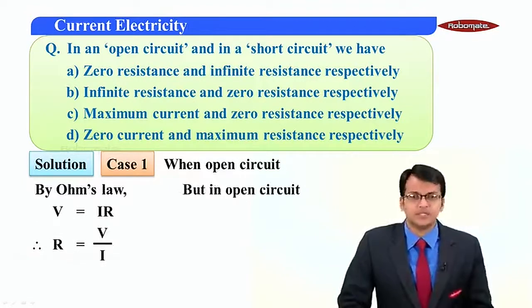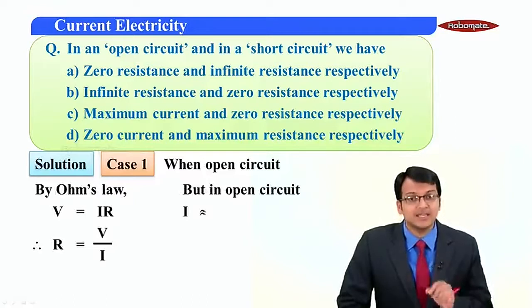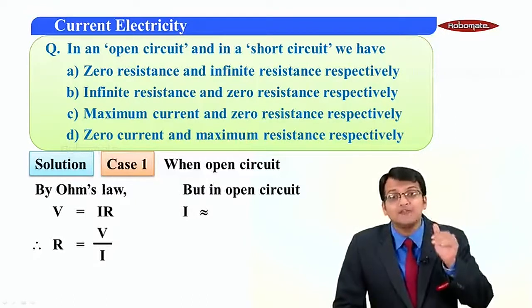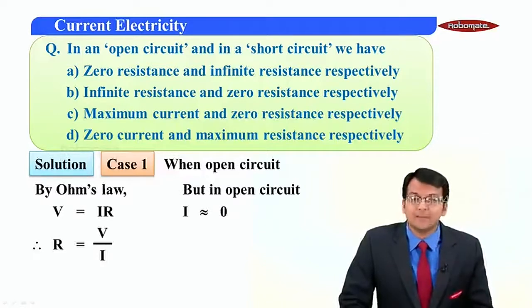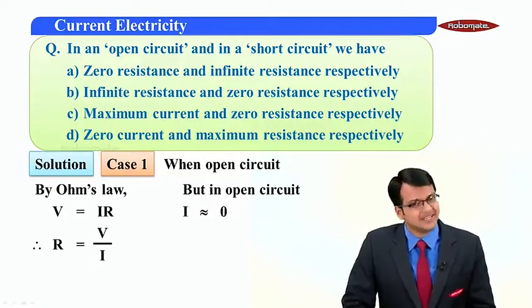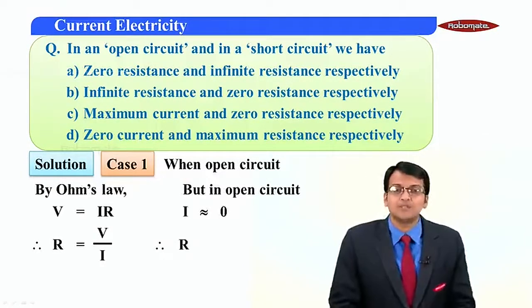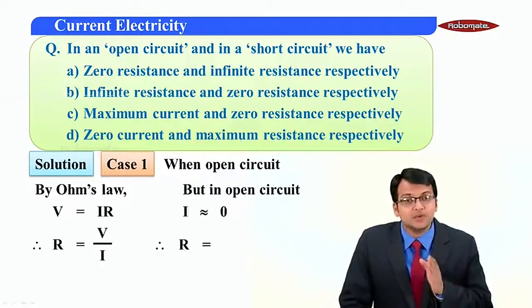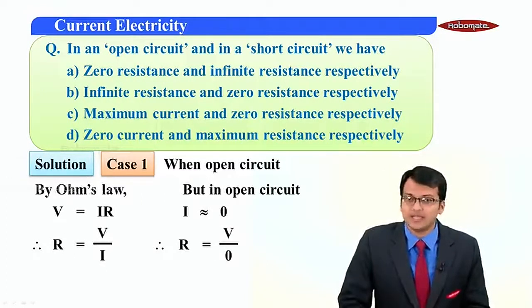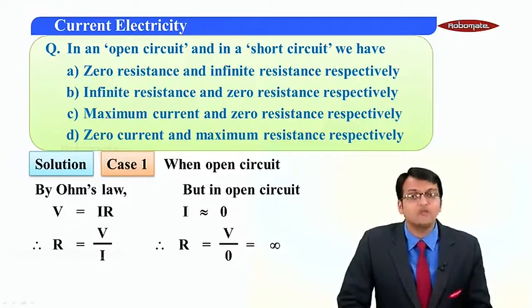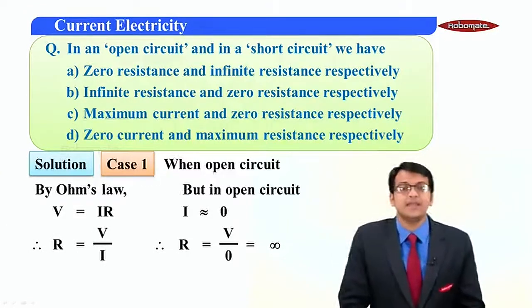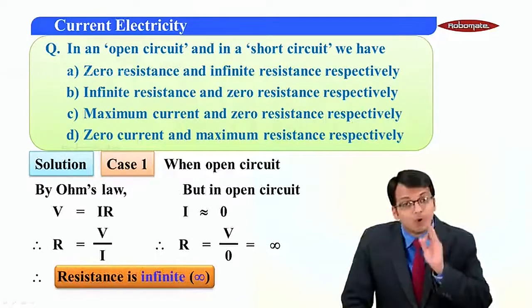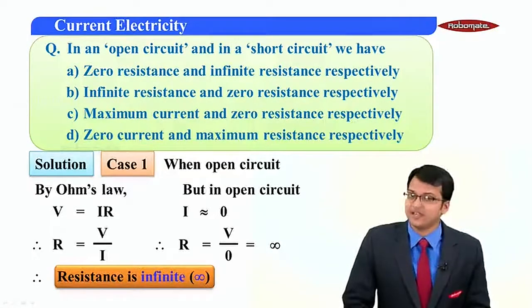But we know, dear students, in an open circuit there is no path for the current to flow, implies my current is approximately 0, right? And if the current is approximately 0, when you substitute in the equation for R, what I get is V upon 0, which turns out to be infinite. Perfect. Implies your resistance in an open circuit will be infinite.